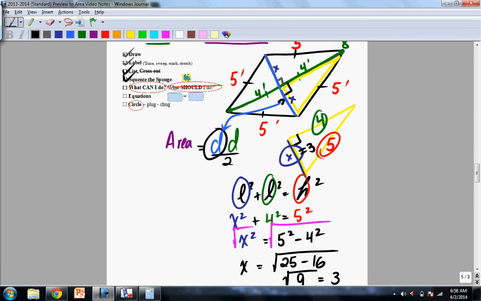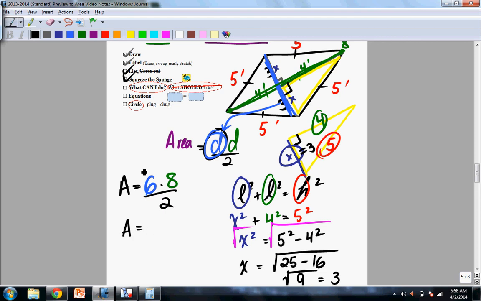So this is 3, and this is 3, which means now we can circle, plug, chug. Area equals diagonal. We trace it. The whole diagonal is 6, times the other diagonal, which we already have, 8, over 2.